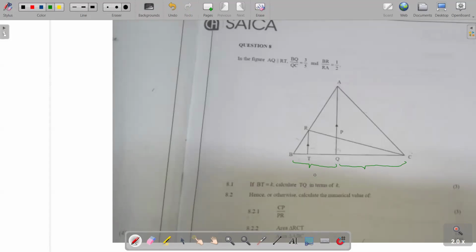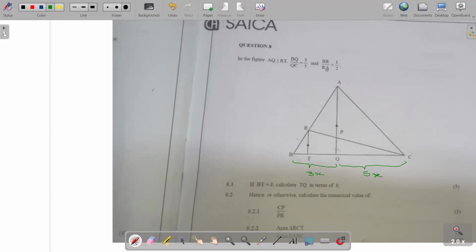They said it's 3:5. But we are going to put a variable, since it's not the actual distance, it's a ratio. So a ratio, we normally show it by putting a variable so that we don't confuse it with the actual length.